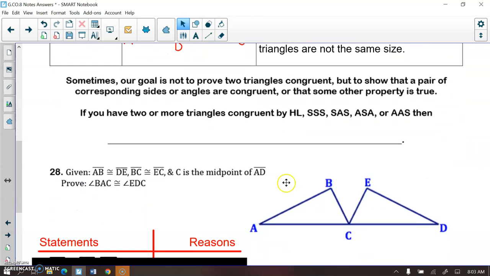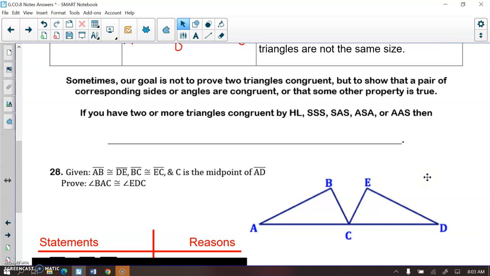Okay, so we're going to move on to more proofs. Sometimes our goal is not to prove two triangles congruent, but to prove corresponding angles or sides congruent. For example, if we look at number 28, we're not proving two triangles congruent, we're proving two corresponding angles congruent. So the process is the same.